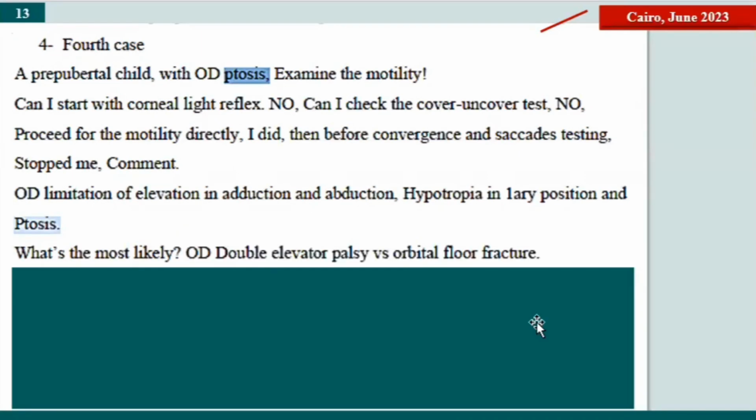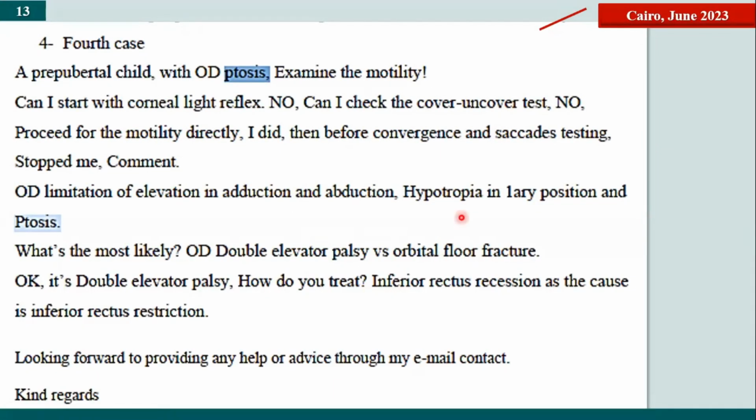Oh, double elevator palsy. She said, or he said, double elevator palsy versus orbital blow fracture. Whenever we have hypotropia and defective elevation, the diagnosis should be as follows: monocular elevation deficiency, as you said.